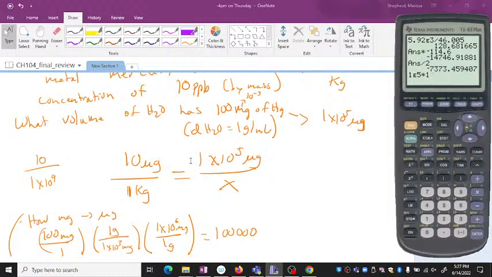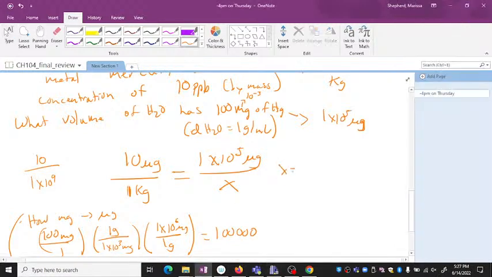So you're just cross multiplying, and then divided by the 10. And so then you would get 1 times 10 to the 4th kilograms of water. And kilogram is just the same thing as liters. So 1 times 10 to the 4th liters of water.